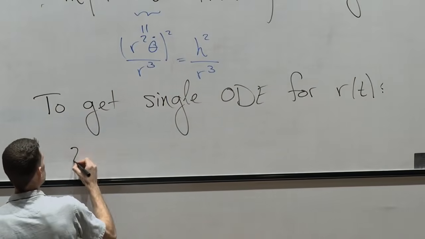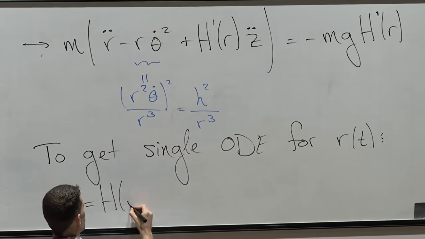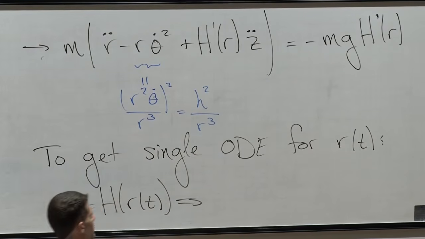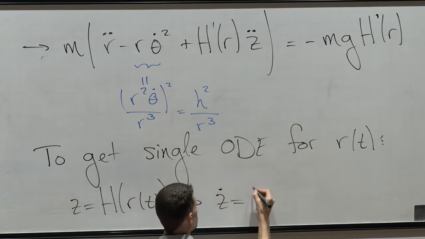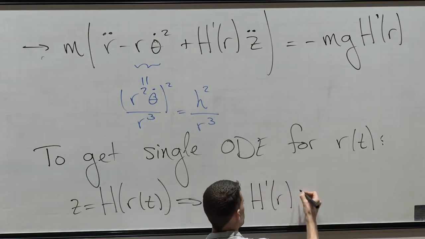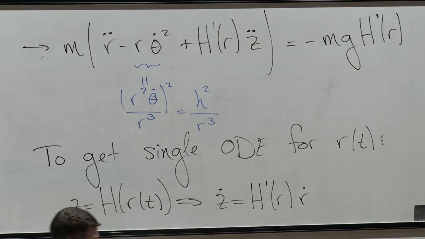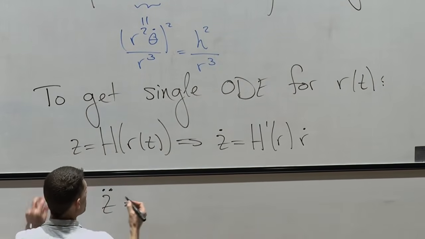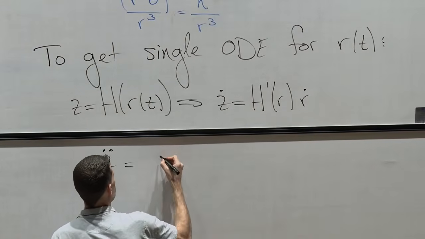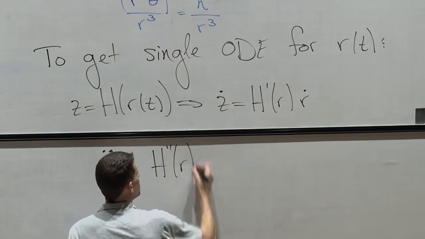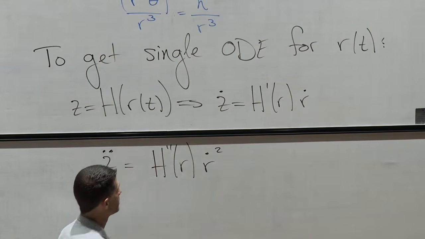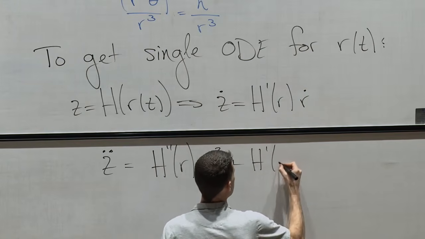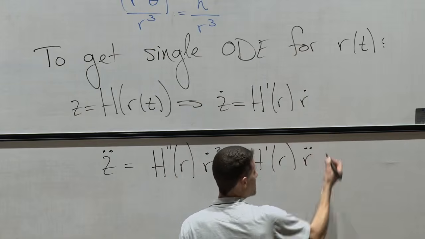I can use z is h of r of t, which means if I take a z dot, I get h prime r dot, and I can go further: z dot dot gives me an h double prime r dot squared plus an h prime r dot dot.